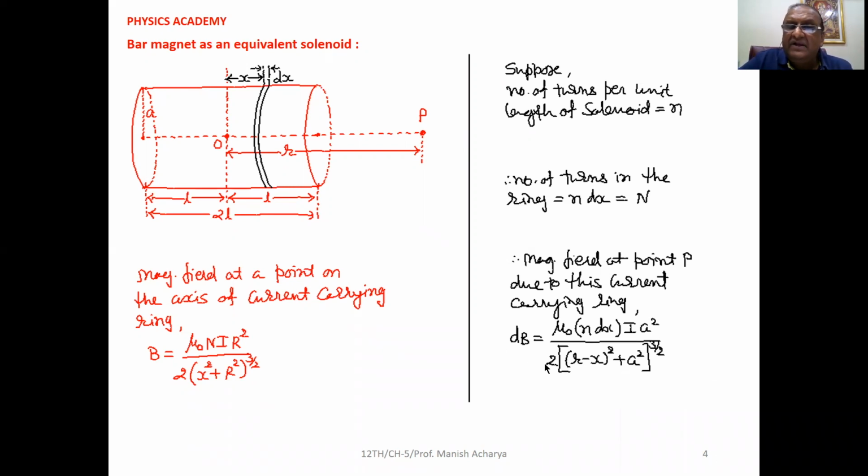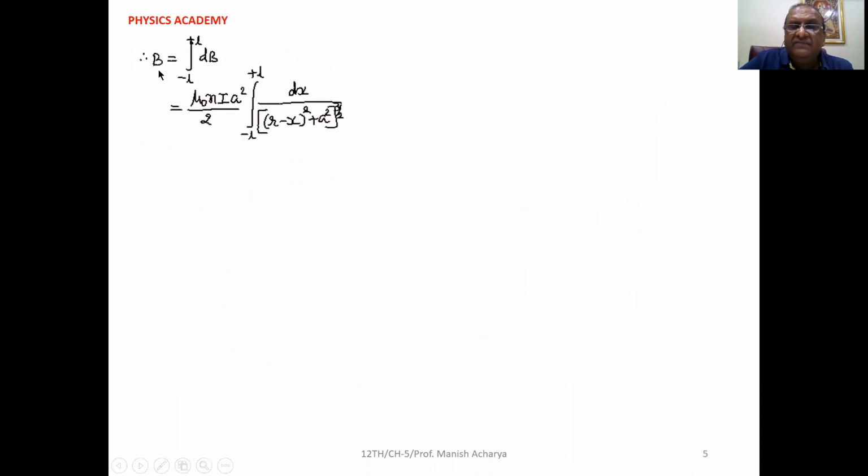If this equation is integrated from one end of the solenoid to the other end, then we will get the resultant magnetic field. So the resultant magnetic field at point P equals integration of dB, and the limits are minus L to plus L. From the center, the center is taken as 0. One end is at plus L, the other end at minus L.